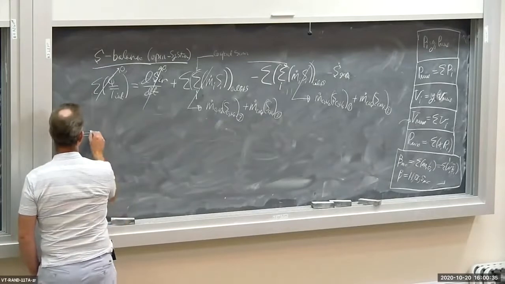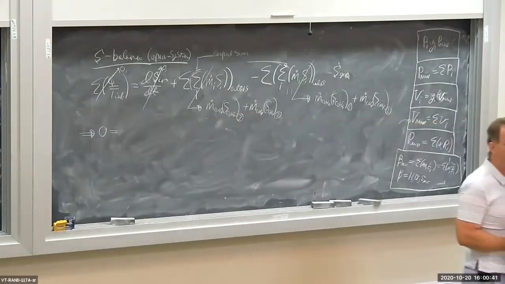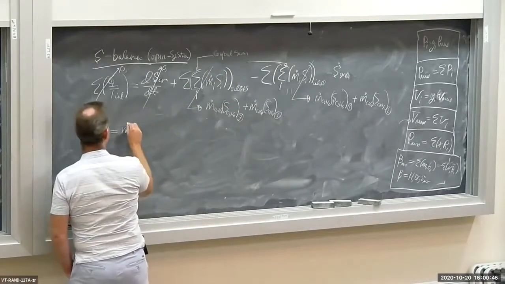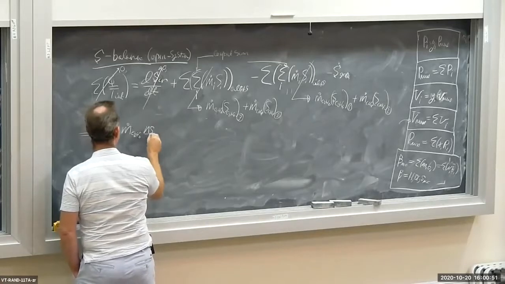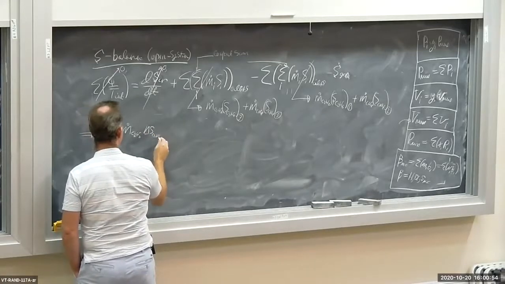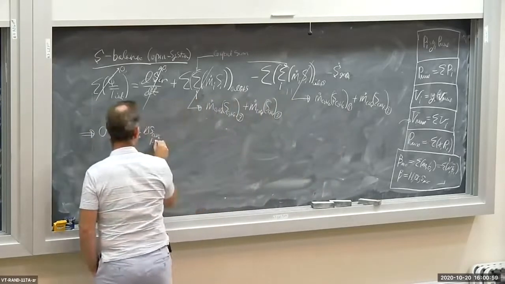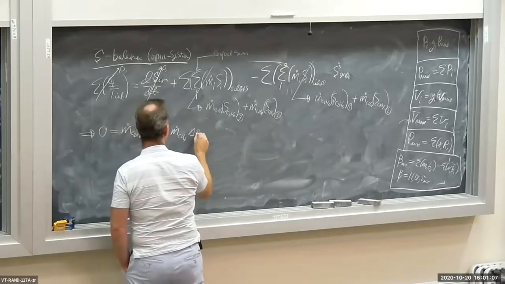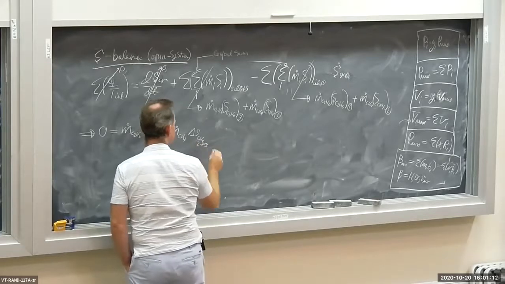So that means 0 equals, let me group terms together in terms of mass flow rates. M dot C2H6 delta S of the C2H6 as I go from state 1 to state 3, plus M dot CH4 delta S of the CH4 as I go from state 2 to state 3.